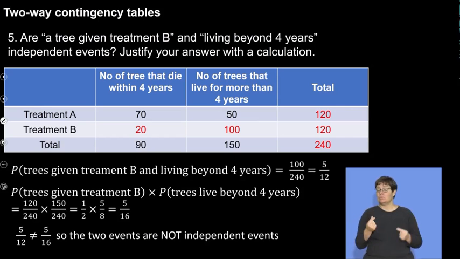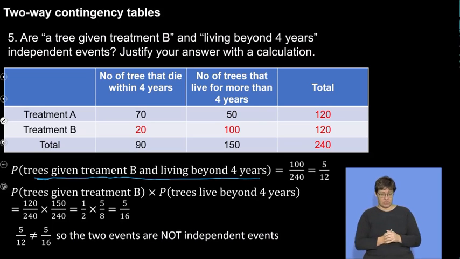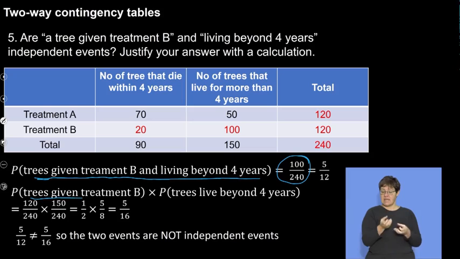So what you're going to do is this. The probability of a tree given treatment B and living beyond 4 years, we've calculated it here. It was 100 over 240. Then the probability of a tree given treatment B, where's treatment B?